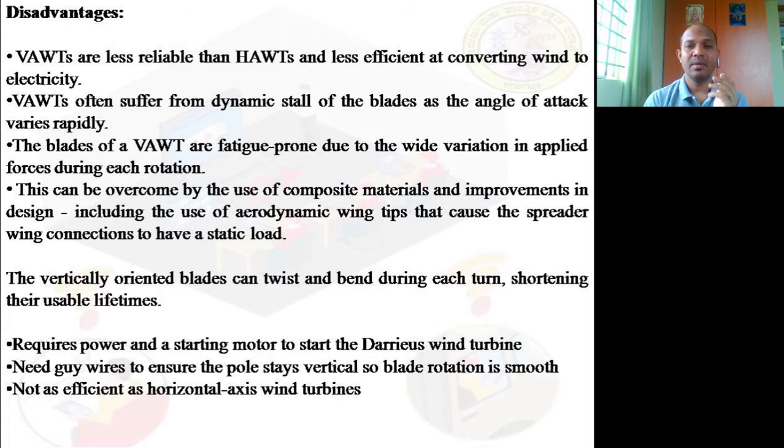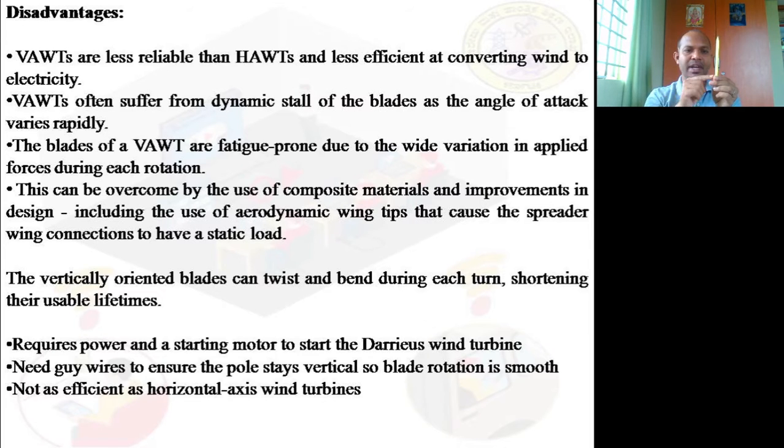Obviously, whenever we take some equipment, we always go with more efficient equipment, isn't it? So VAWTs suffer from dynamic stall of the blades as the angle of attack varies rapidly. What do you mean by angle of attack?